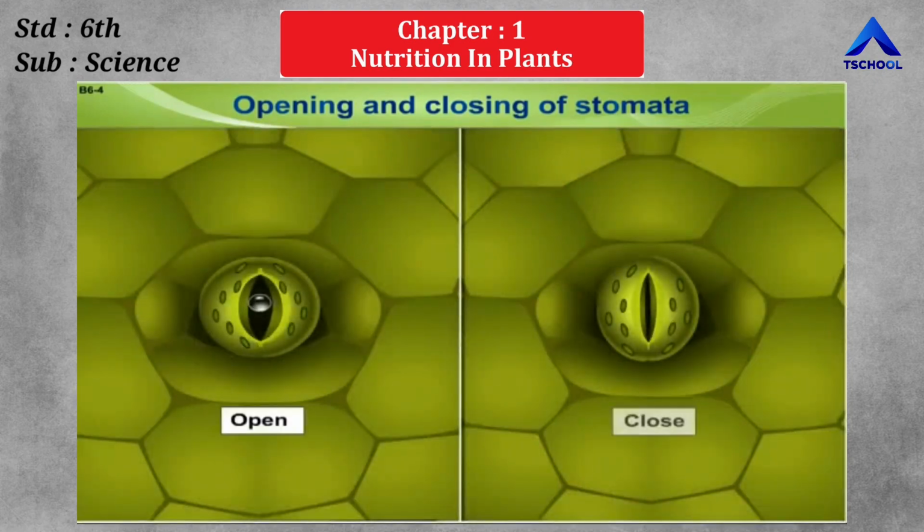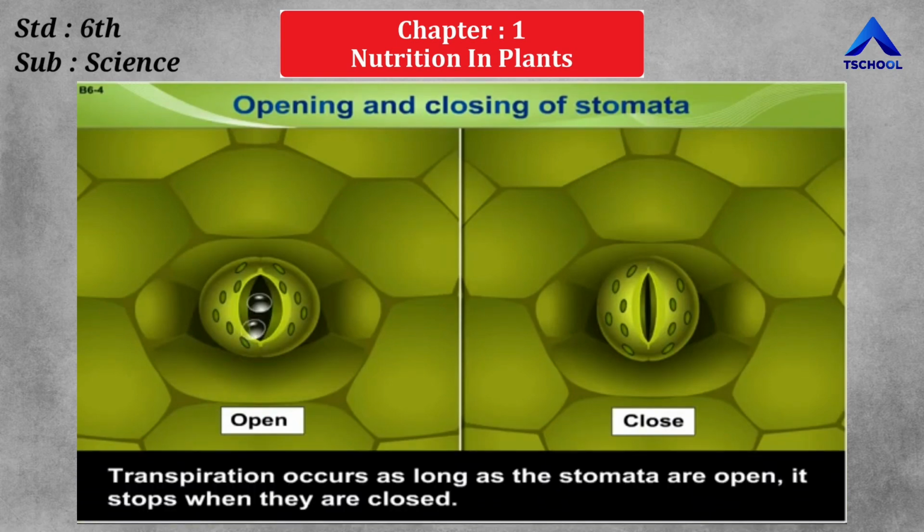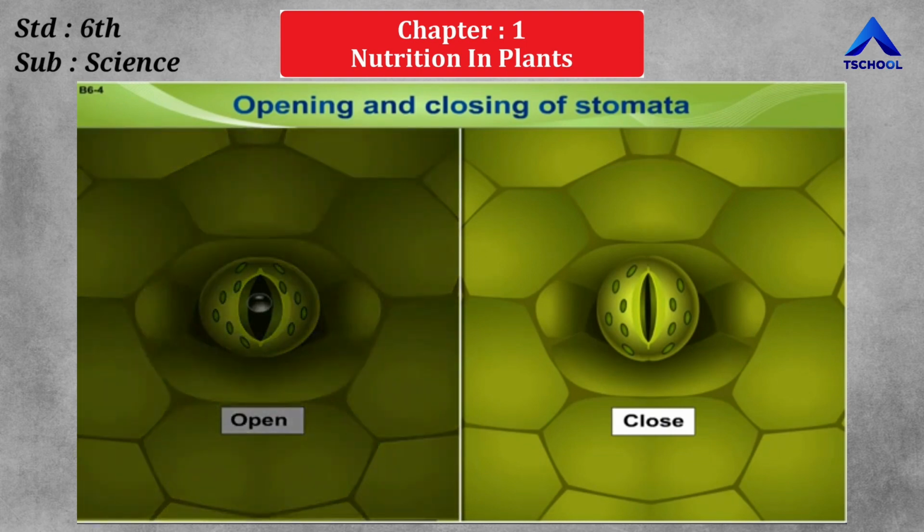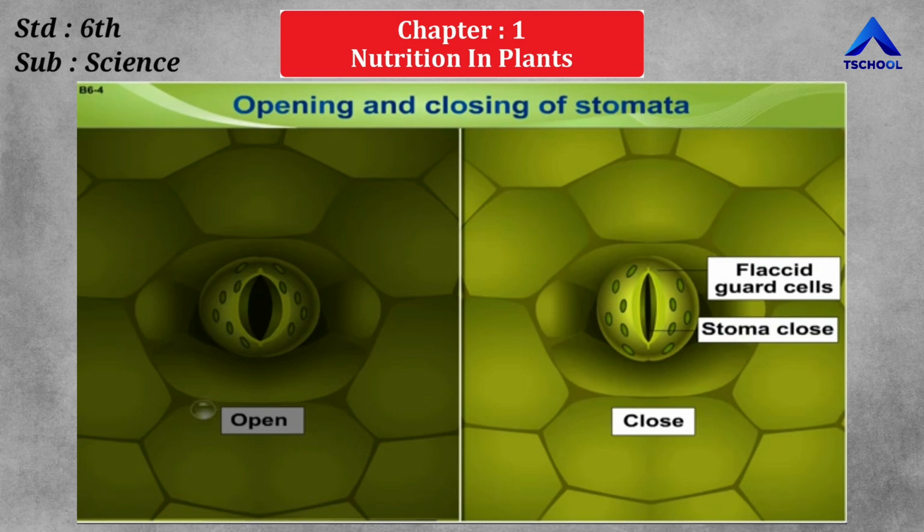Mechanism of opening and closing of stomata. Transpiration occurs as long as the stomata are open. It stops when they are closed. Open and closed stomata. Closed stomata: flaccid guard cell, stoma closed.